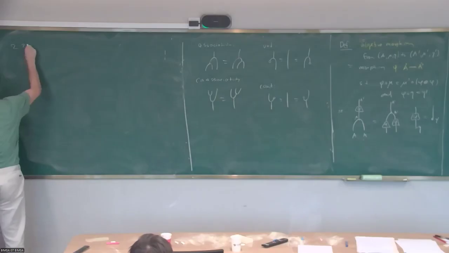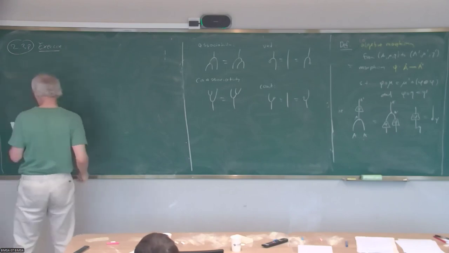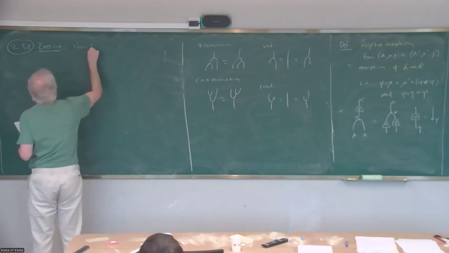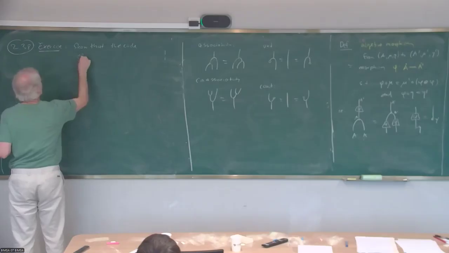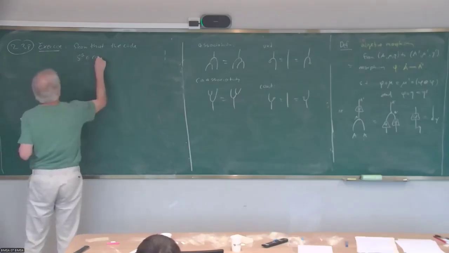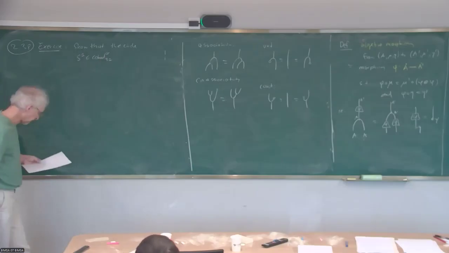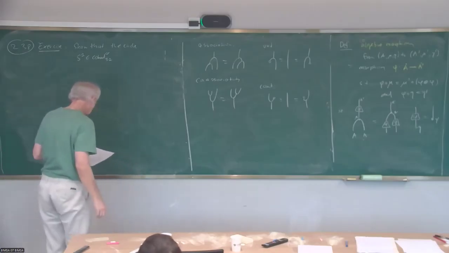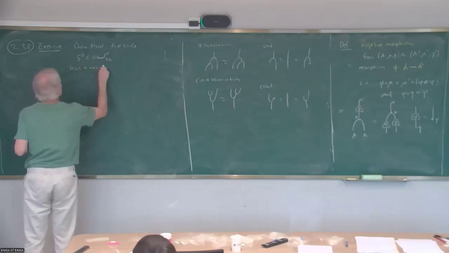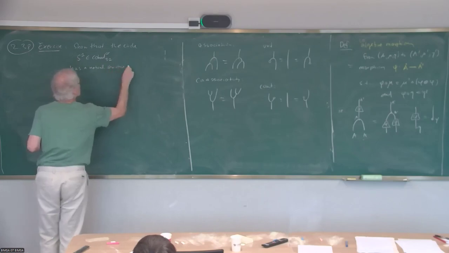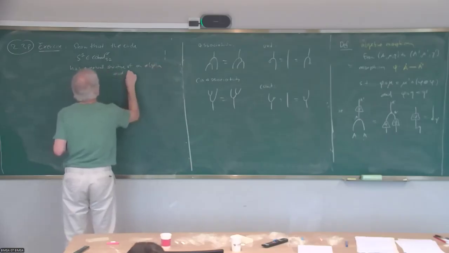Another exercise, which you may do, is to show that a circle S1, regarded as an object of the two-dimensional oriented cobordism category, has a natural structure of an algebra and of a co-algebra.